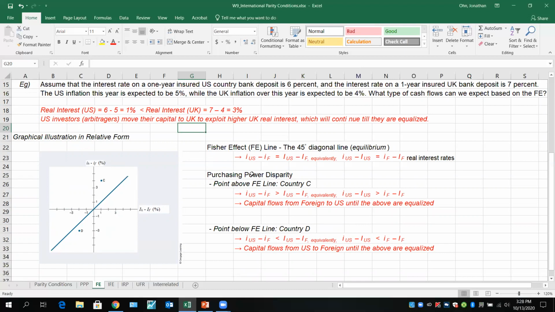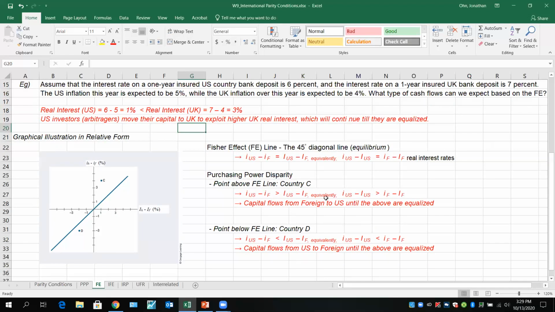So if you look at country C, the interest differential is higher, so the relative interest is higher than the relative inflation.